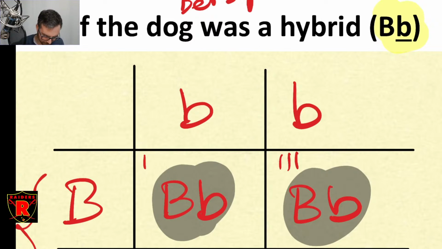Anyway, 0.5, that's a 50% chance, to the 4th power. Okay, so that's a 6.3-ish, 6.25% chance. Roughly 6 in 100 times you're going to get this. Okay, if you have 4 puppies.